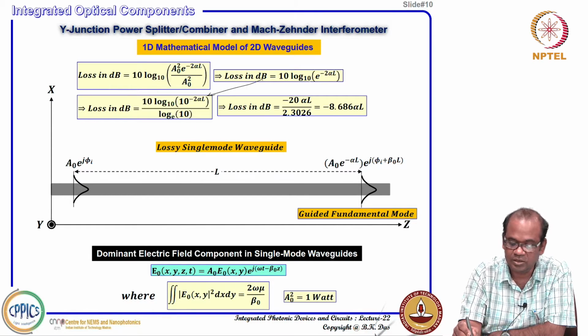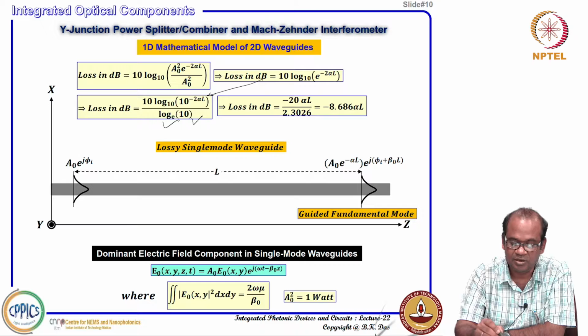So this is actually decibel. This is your normal consideration, with the exponential. But instead of e to the power minus 2 alpha L, if I write 10 to the power minus 2 alpha L, we have to divide by log of 10 to the base e. If I divide it, then instead of the exponential power I can put a decimal power, 10 to the power of this thing.